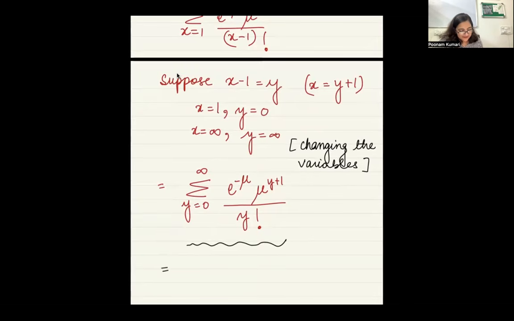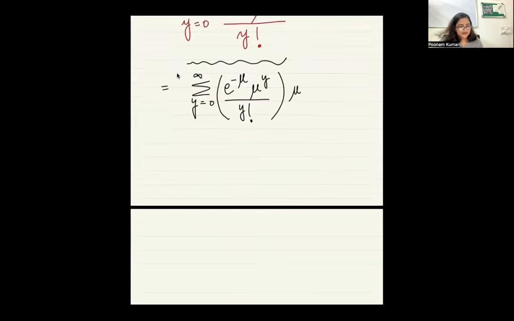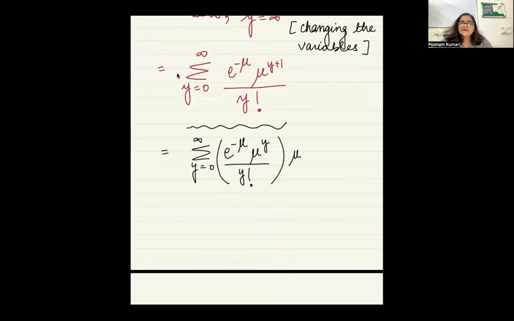Can I write it like this? Can I do that? Yes, ma'am. And this mu is not going to change when this y value is changing. So I can bring it outside also.